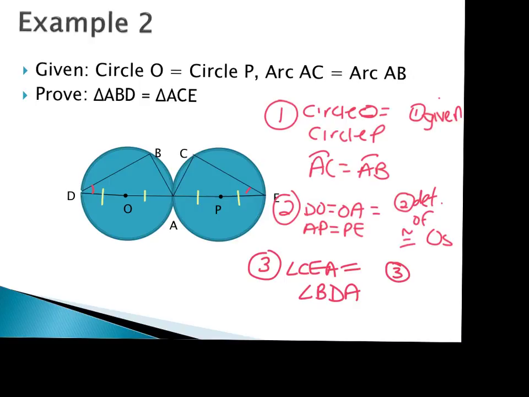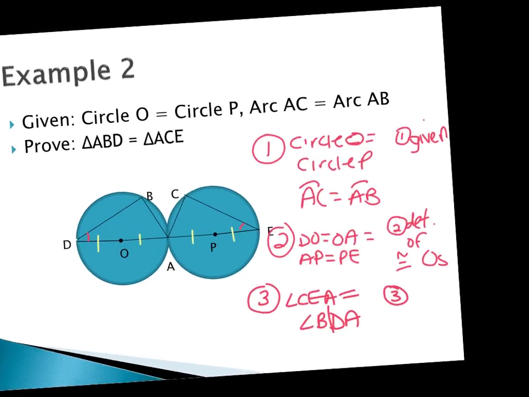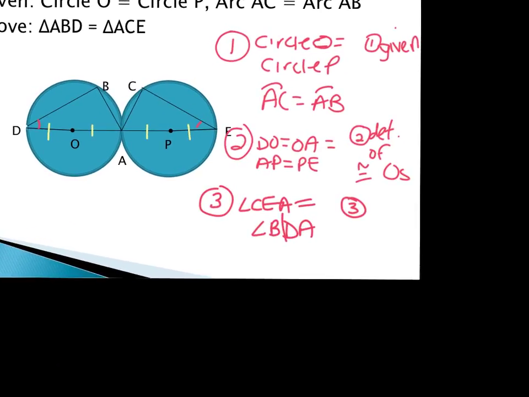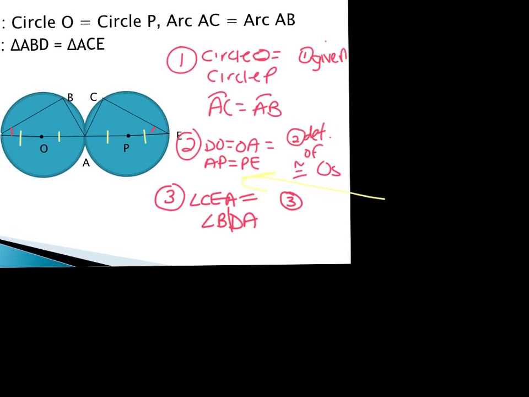And actually, first you might have to link those two arcs. I would do that first. Because arc AB equals arc AC, let me move that step down because you'd have to state that one first. So in here, you'd have to state that angle CEA is equal to 1/2 arc AC, and angle BDA is equal to 1/2 arc AB.